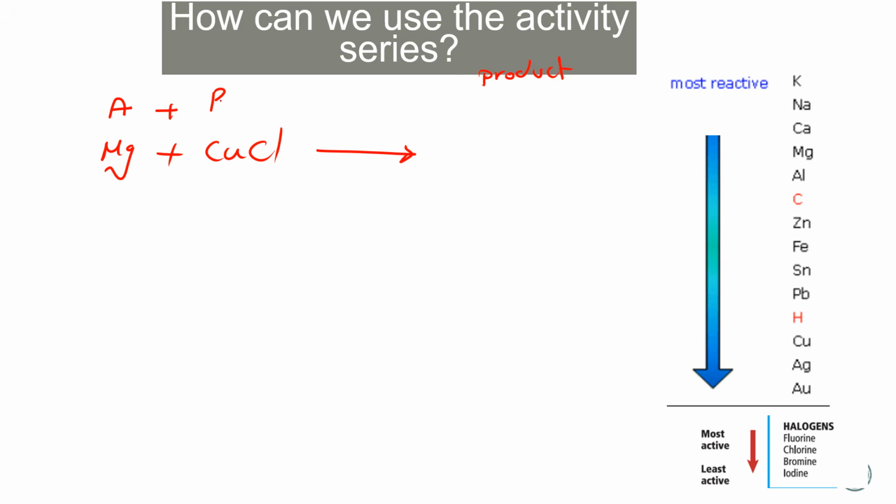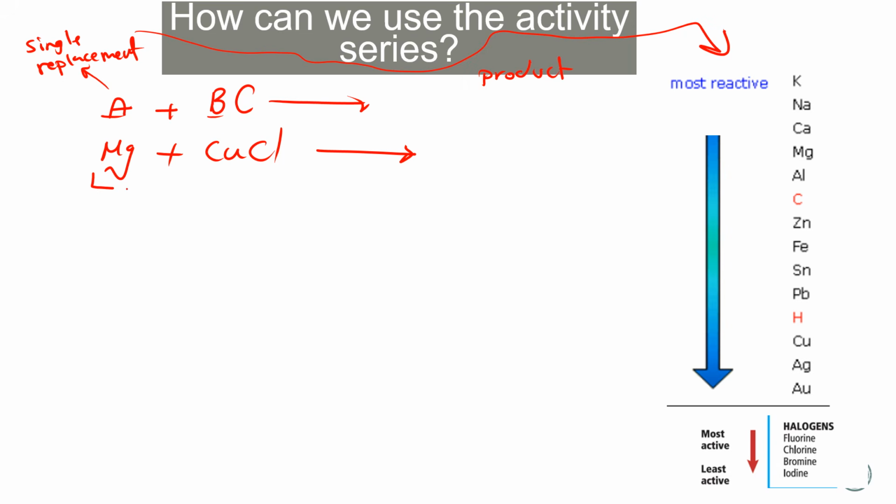So this is an element and this is a compound. So whenever you see something like this, عنصر ومركب, think about single replacement. And when you think about single replacement, you know you will use the activity series. تعطاكم في الامتحان. مش لازم نحفظها، تيجي في الامتحان. بس لازم نعرف كيف نستخدمها.